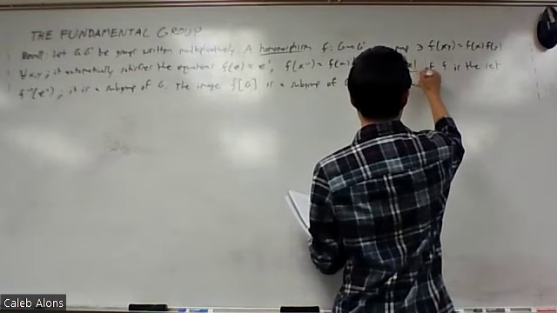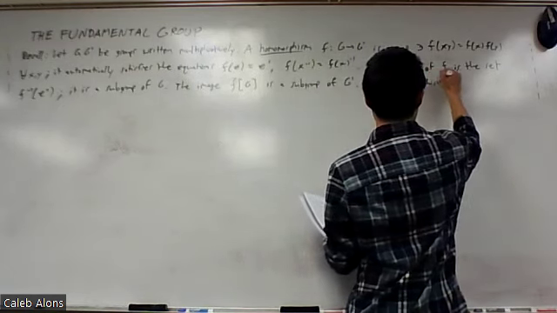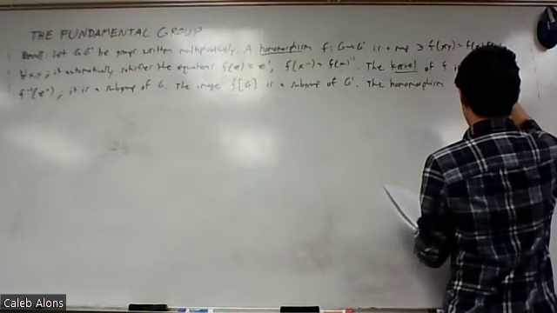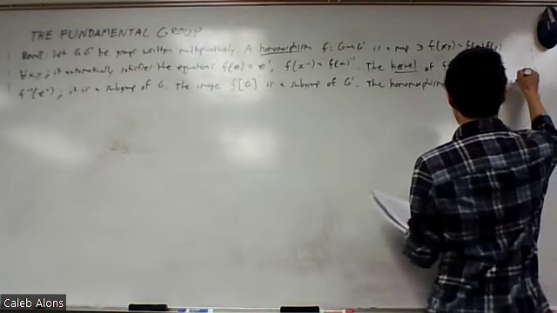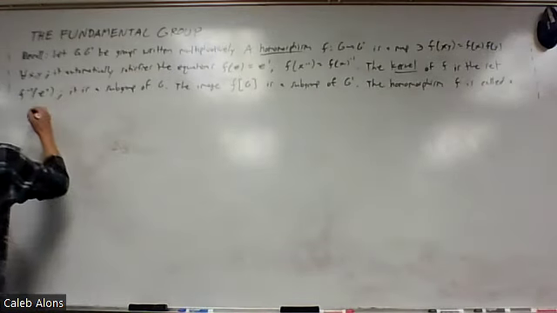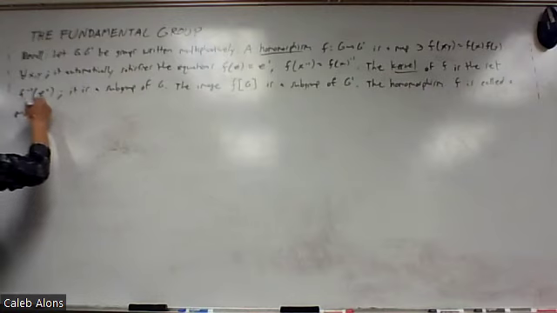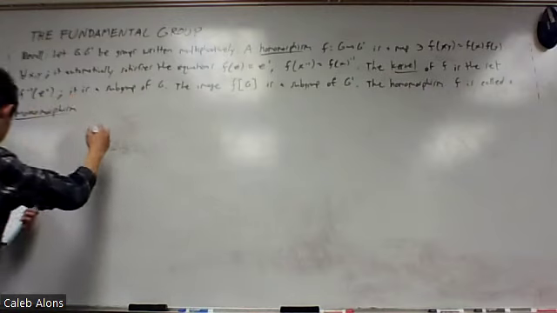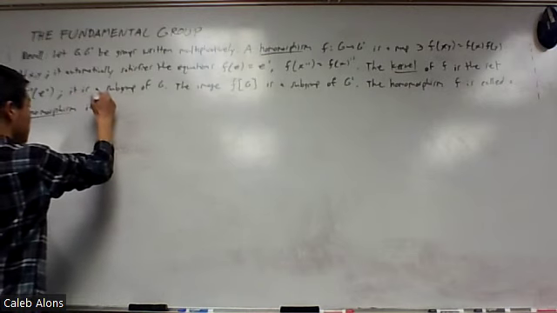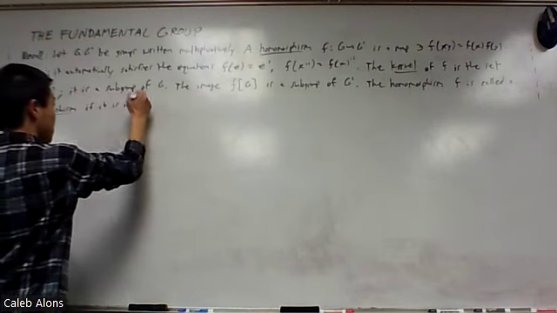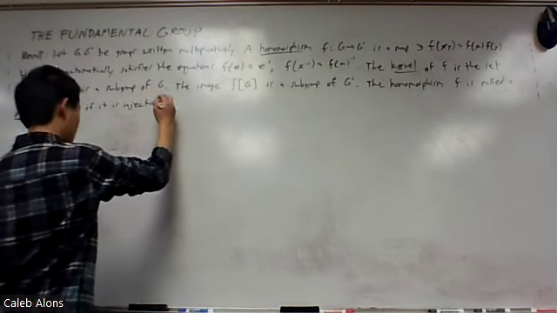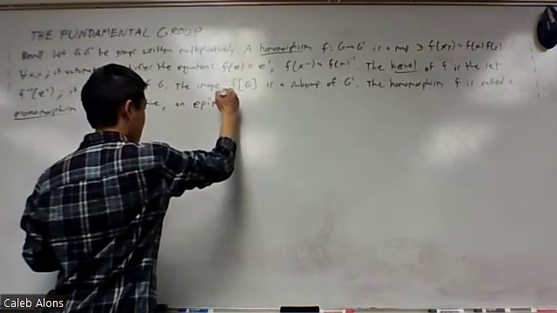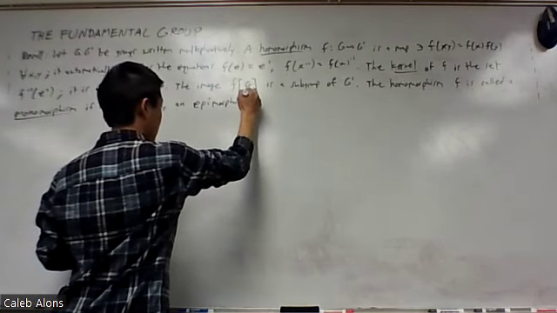So, just a little bit of jargon. A homomorphism f is called a monomorphism, mono for one, if it's injective. And from Greek, an epimorphism.